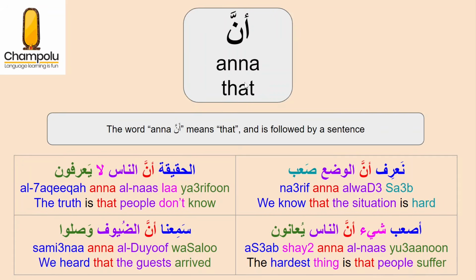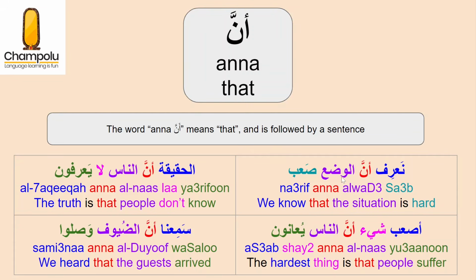Now we move to the word أن, which means that. So we can see a few examples here, and all of these you'll find that this word is always followed by a sentence.